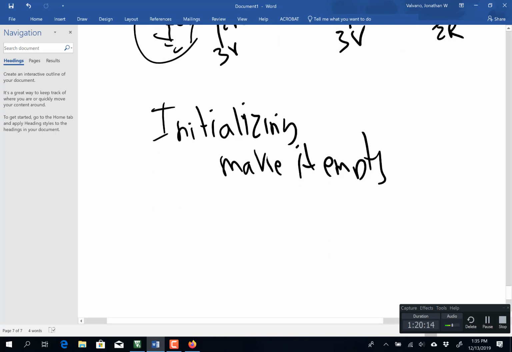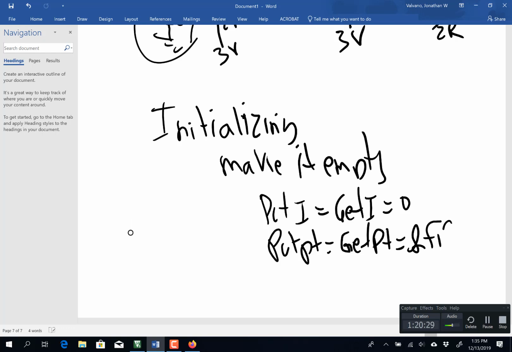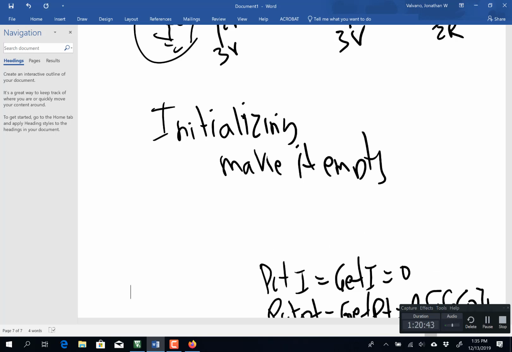Whether that is put I equals get I, or equals 0, or put pointer equals get pointer equals the address of the first element of the FIFO, or maybe that means size equals 0. Whatever it means, I'm going to make it empty. So there isn't one answer. I don't want you memorizing it.